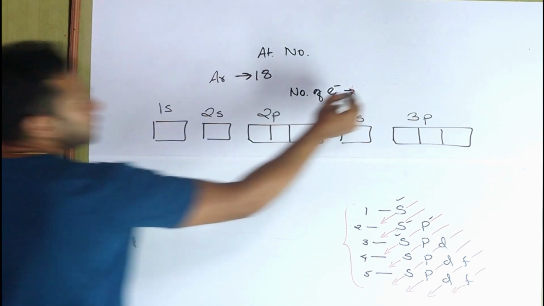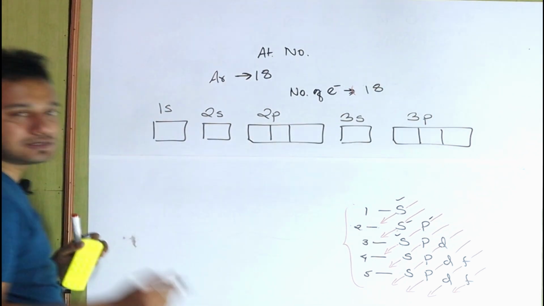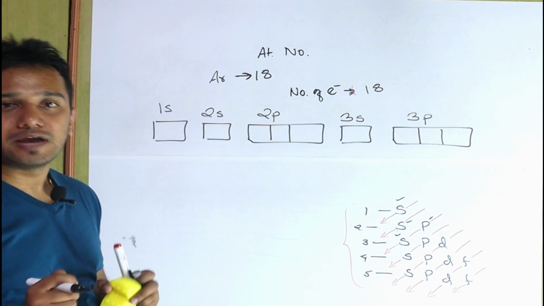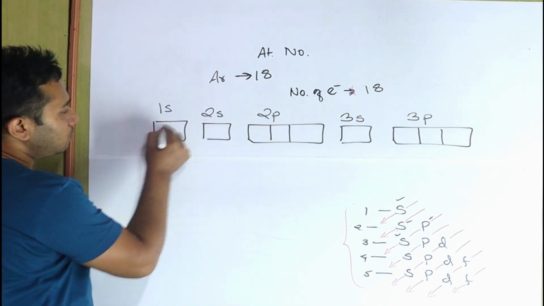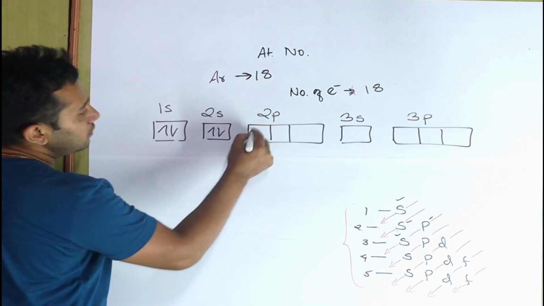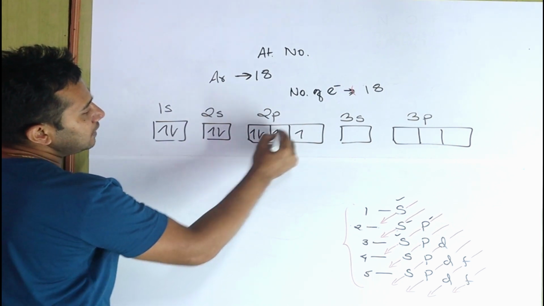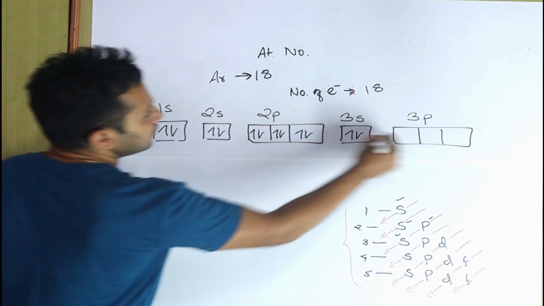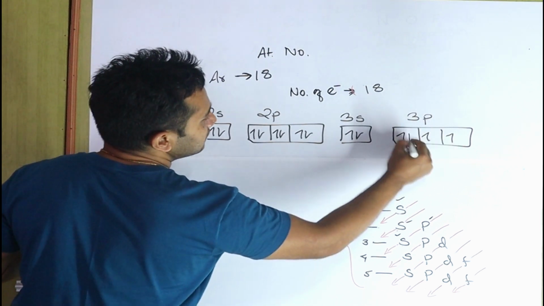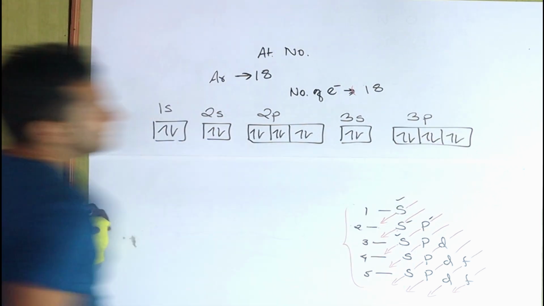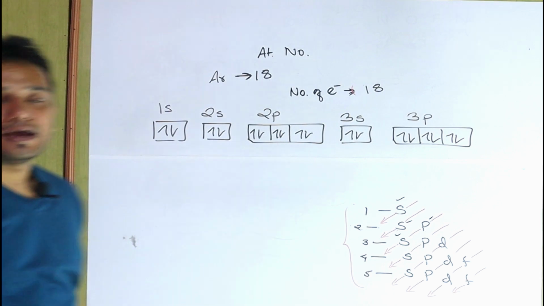Atomic number of argon is 18, number of electrons is 18, so we'll fill the 18 electrons: 1, 2, 3, 4, 5, 6, 7, 8, 9, 10, 11, 12, 13, 14, 15, 16, 17, 18. So I have filled the 18 electrons.